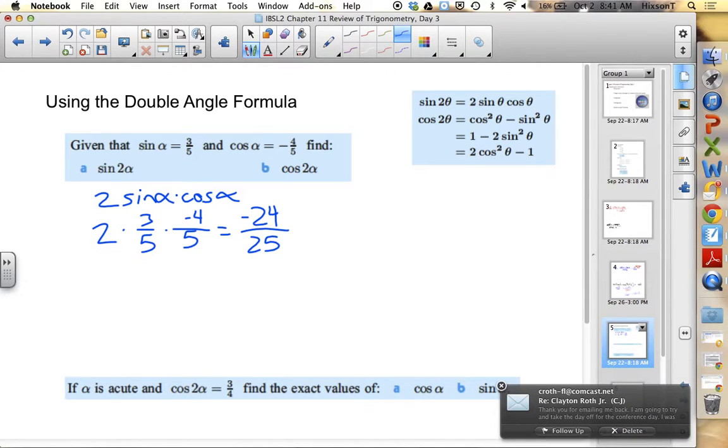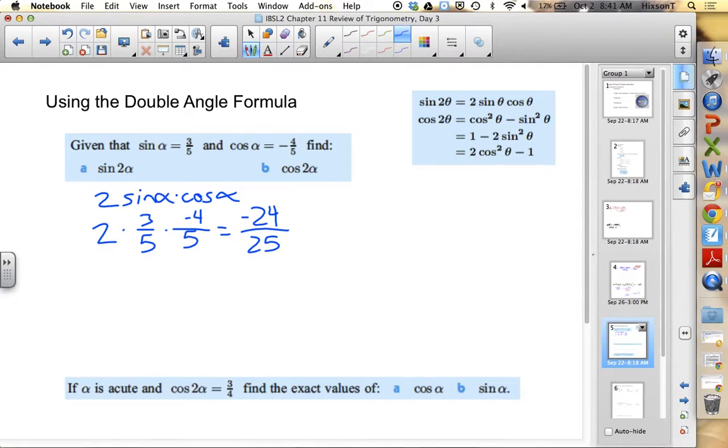Same idea for B, except we would need to use one of these formulas, okay? And actually, in this case, you could use any one of them, because we know sine and cosine. Alright, so if we used 1 minus 2 sine squared, we'd have 1 minus 2 times 3/5 squared.